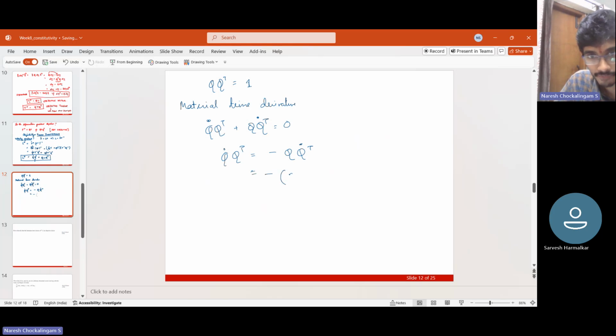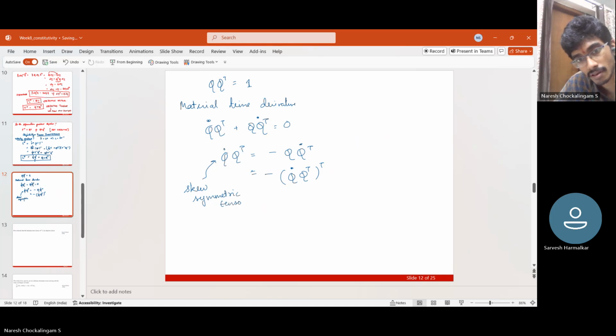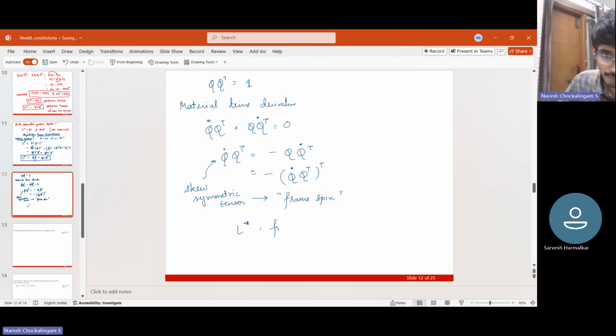This is actually minus of (Q dot Q transpose), the whole transpose. So this is a skew symmetric tensor, and it has a special name, which is called frame spin. So L star is equal to some frame spin, a skew symmetric tensor, plus Q L Q transpose. Therefore, it is not objective.